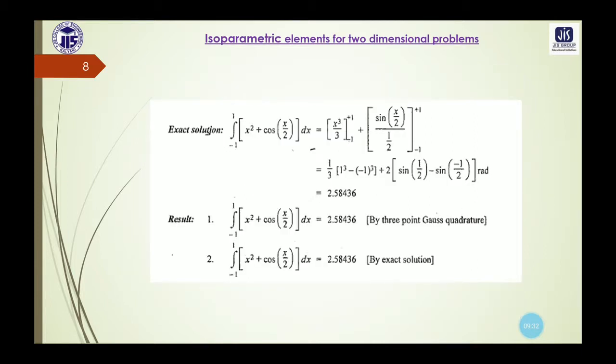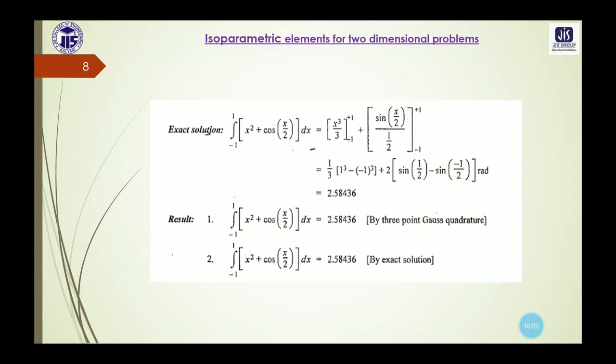Now in the question it is given that we need to compare the result with the exact solution. To find the exact solution we simply evaluate the integration. In case of x square dx, the integration is x cubed by 3, and in case of cos x by 2 it is sin x by 2 divided by half. Finally, after putting the limits, that is -1 to 1, we get the value as 2.58436.